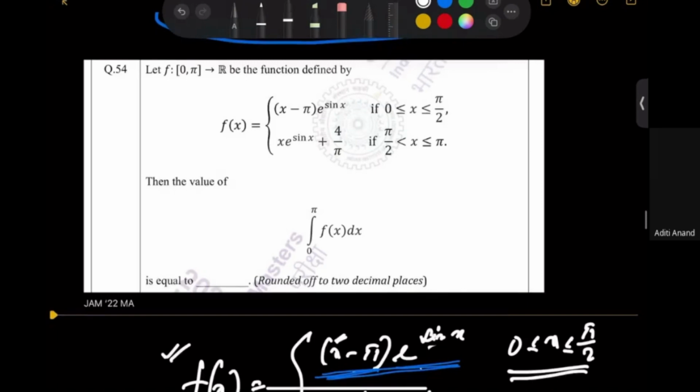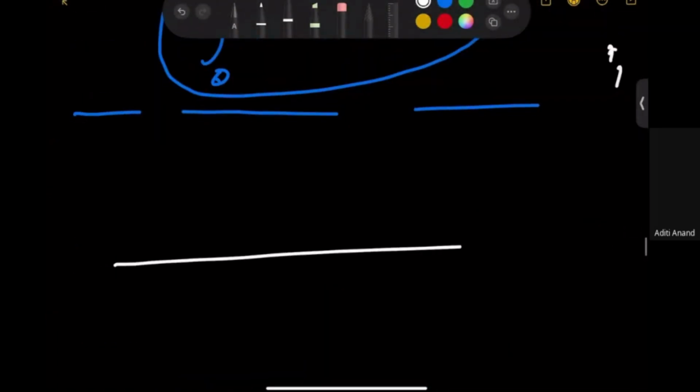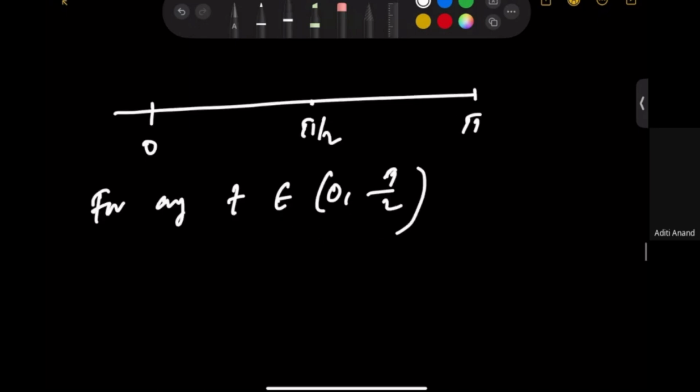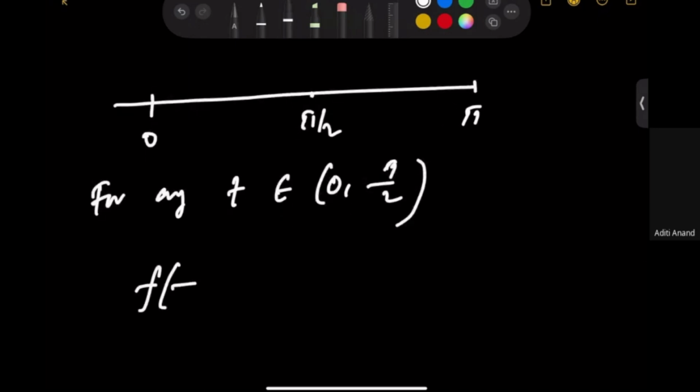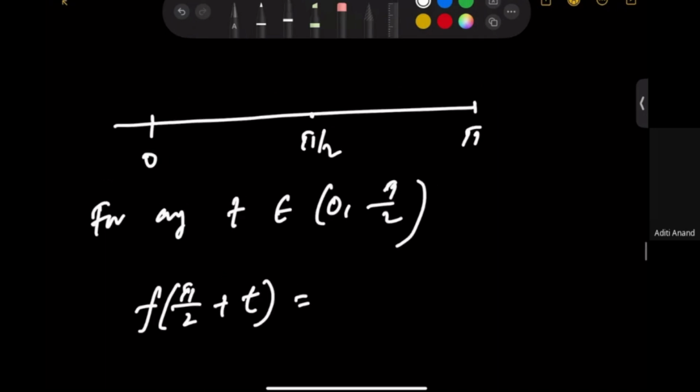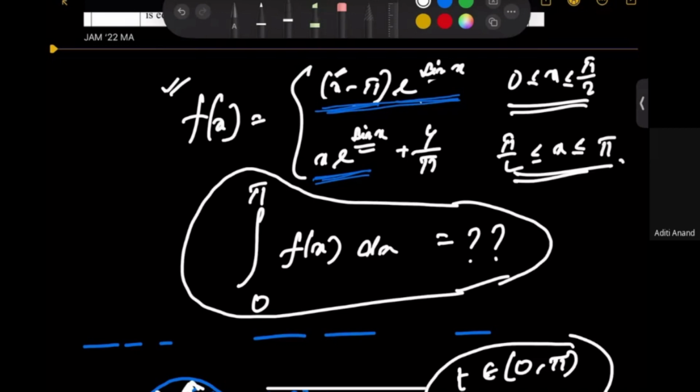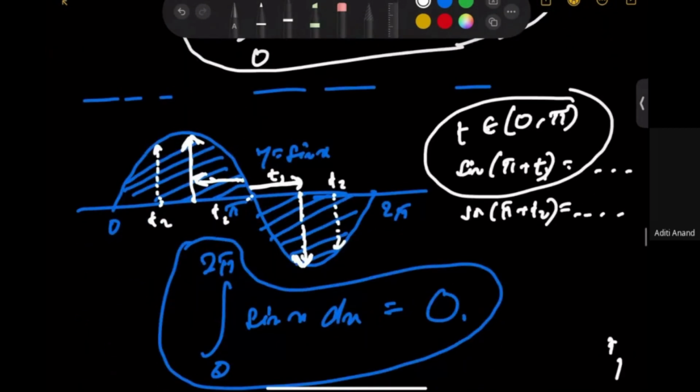So they are asking us to integrate from 0 to pi, right? So pi by 2, I'll demarcate it in half. For any t between 0 and pi by 2, what is the value of f of pi by 2 plus t? It is definitely more than pi by 2, so you'll be using this one.